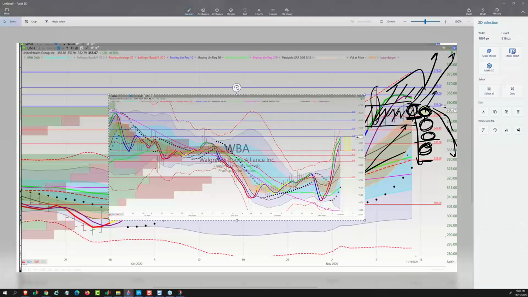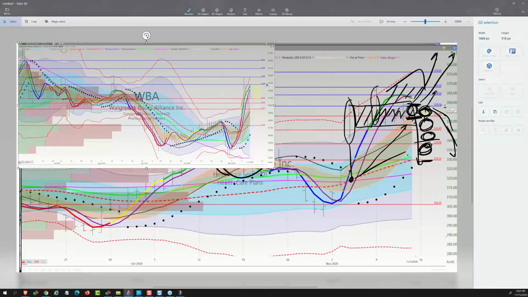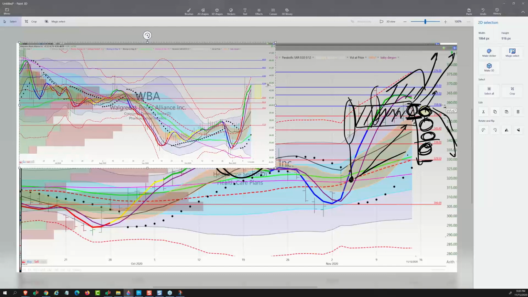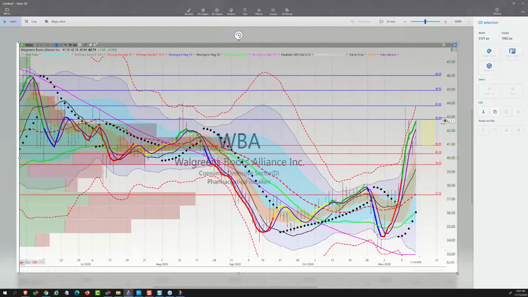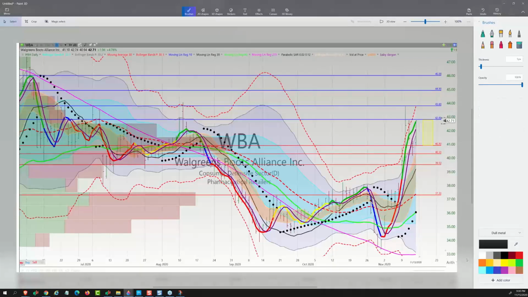So Walgreens has been lagging behind everything in the Dow, just getting smashed until lately. This has been one of the more reliable shorts in the Dow when the Dow was recovering from the big sell-off.